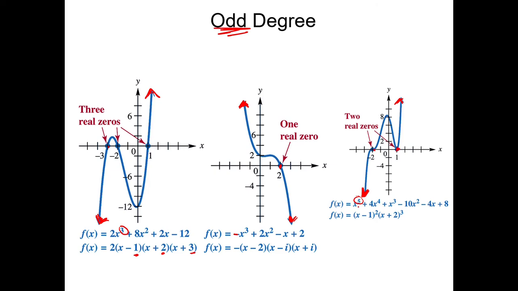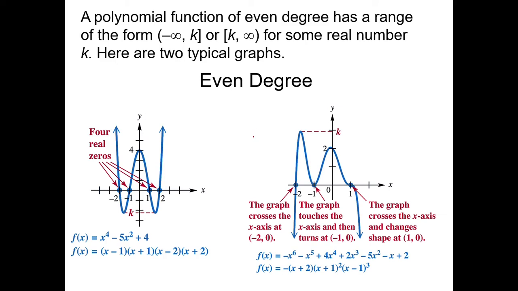Now let's look at functions of even degree. If you notice for functions of even degree, x to the 4th minus 5x squared plus 4, the tails are both on the top if the function is even. And the zeros are 1, negative 1, 2, and negative 2, and that corresponds to the x-intercepts.